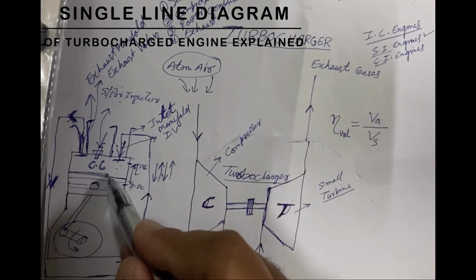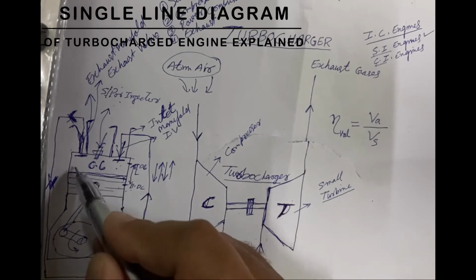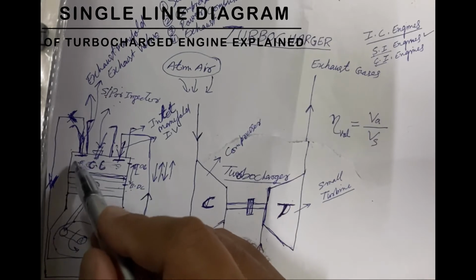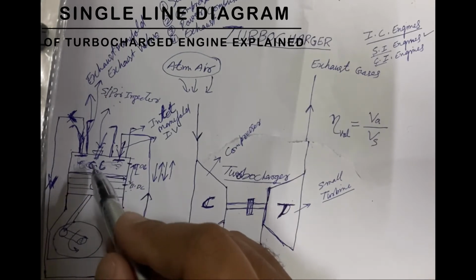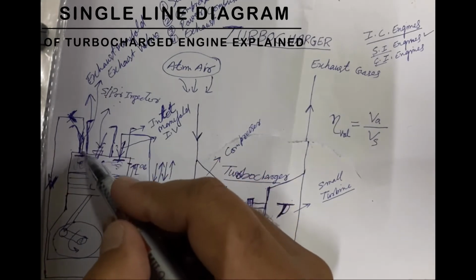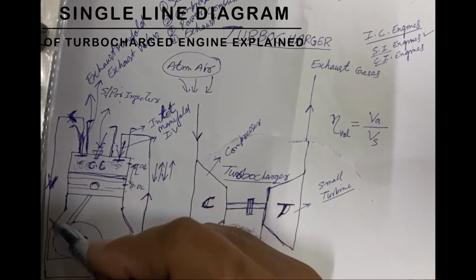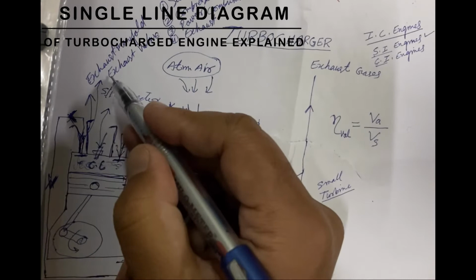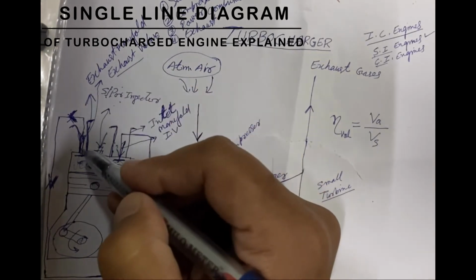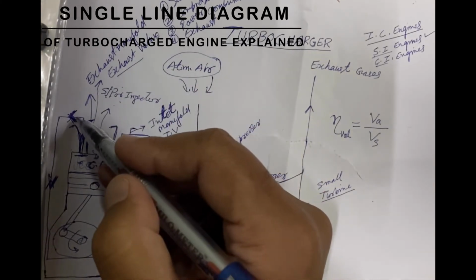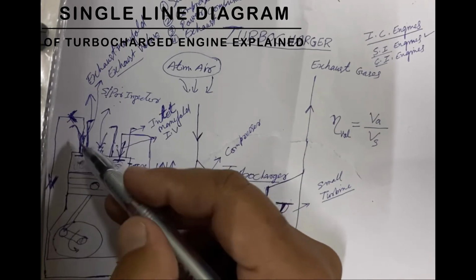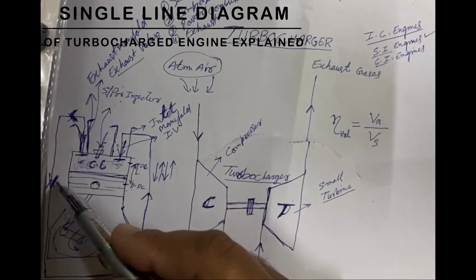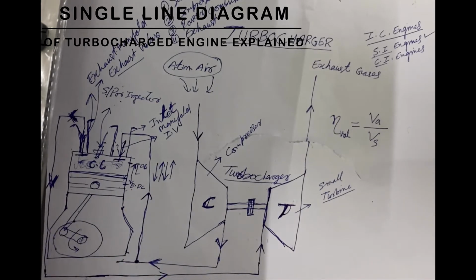Exhaust, as the name indicates, it has to exhaust the burnt gases remaining in this combustion chamber. These gases are to be expelled out from this combustion chamber. This exhaust valve opens at the proper timing and these gases come out, as you can see from these arrows, and this line goes like this.